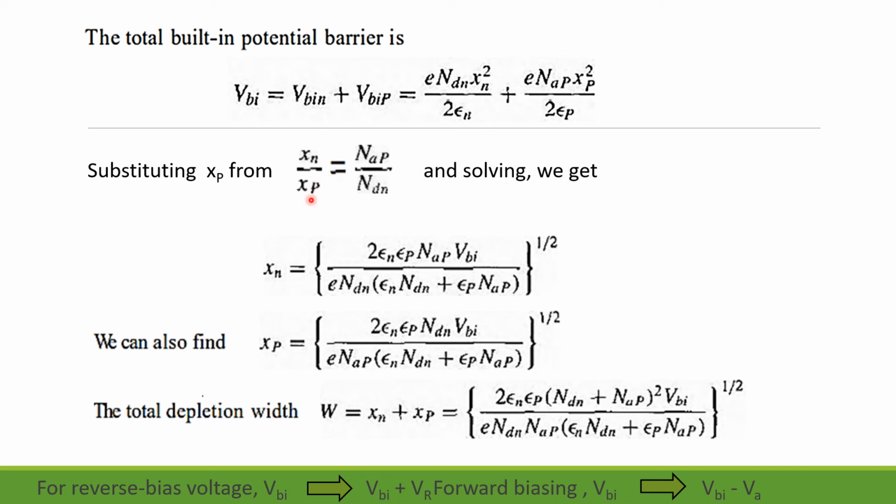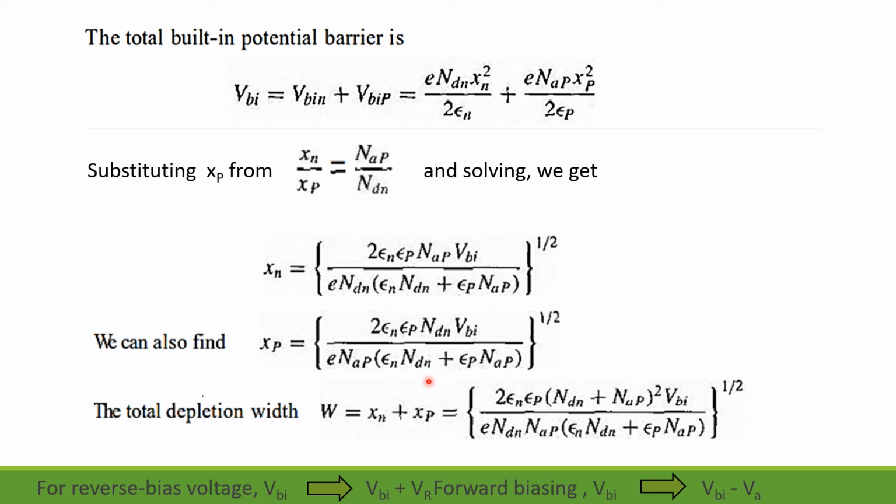Substituting XP from Xn by XP equal to NAP divided by NDN in this equation and solving, we get the expression for Xn like this. Instead of XP, if we put the value of Xn in terms of XP, and put that value here, we can solve for XP and we get the expression like this.